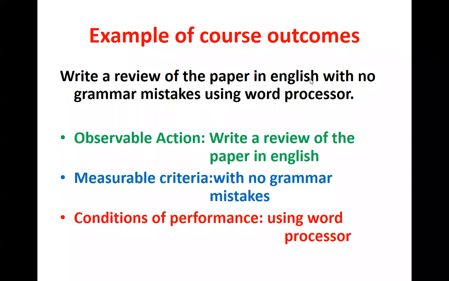This is the criteria which you are specifying in this course outcome. And what is the condition of performance? The tool which you are going to use is the word processor. So this is an example of a course outcome where you have the three components specified: the performance component, the criterion component, and the condition component.